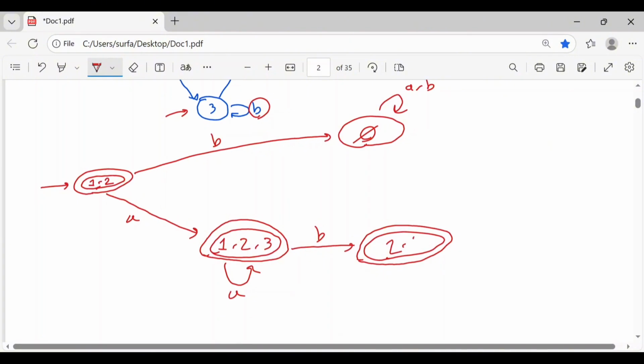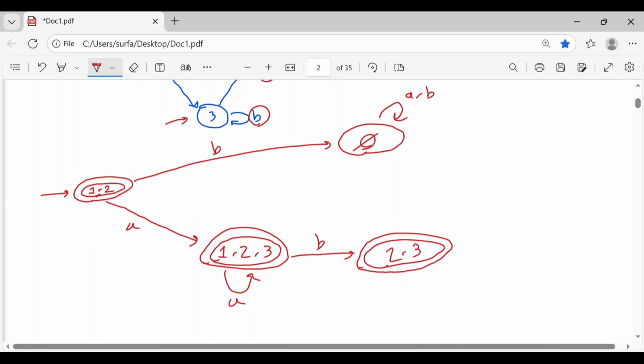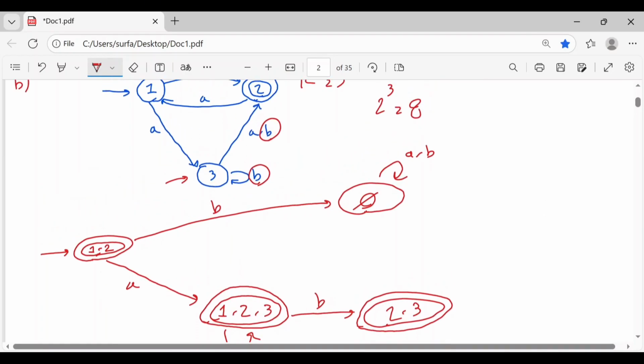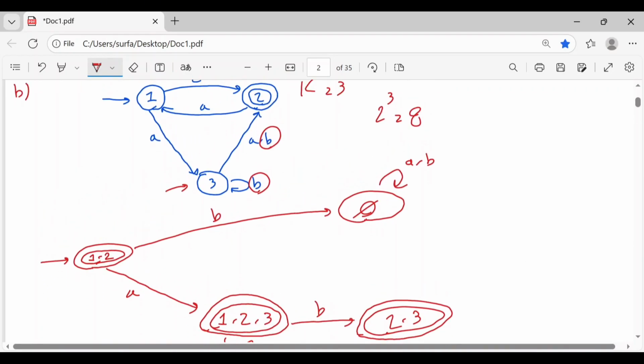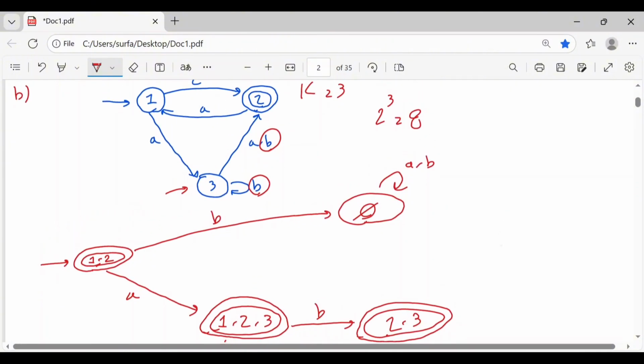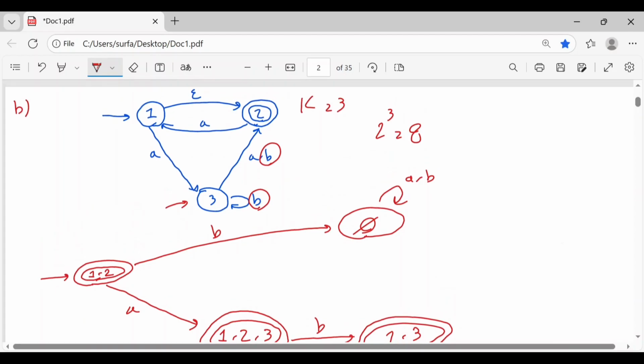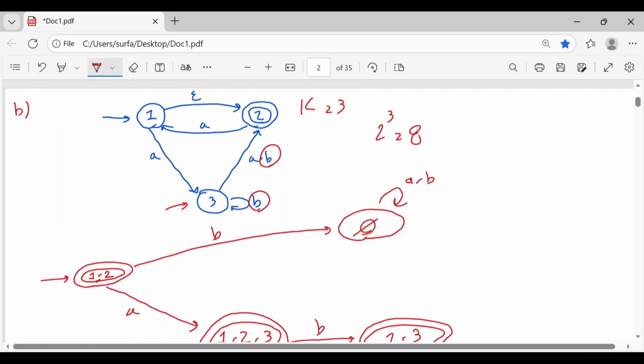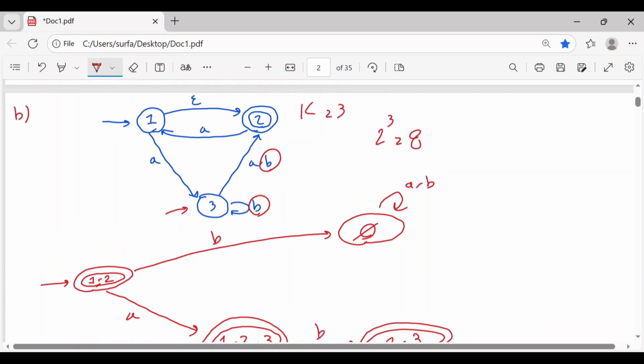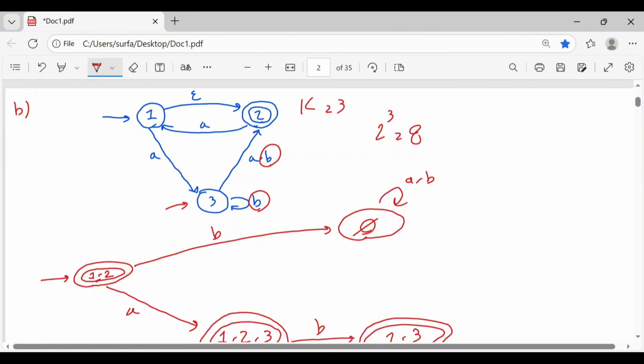Let me fix this. And after that, in this state that contains 2 and 3, if we see an A here, if we are in the state number 3, we can go to the next state that is equal to 2. And after that, if we are in state number 2 and we see an A, we have two options.